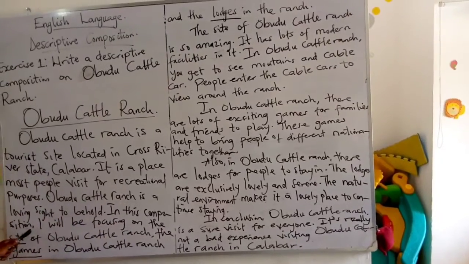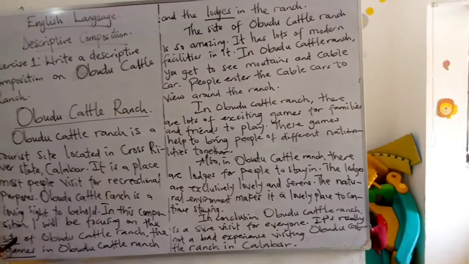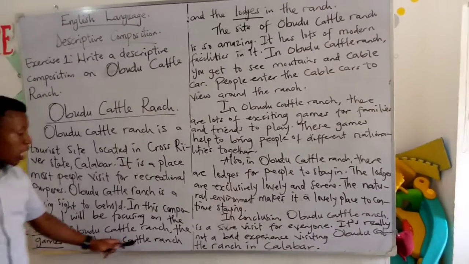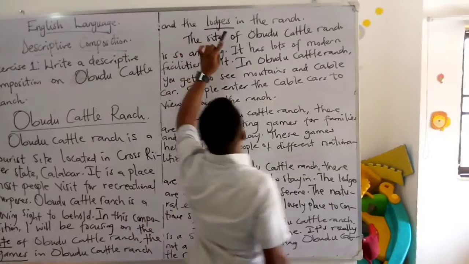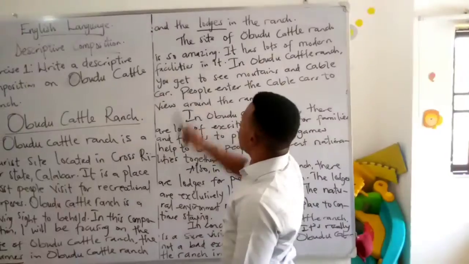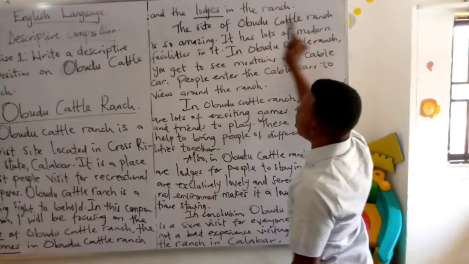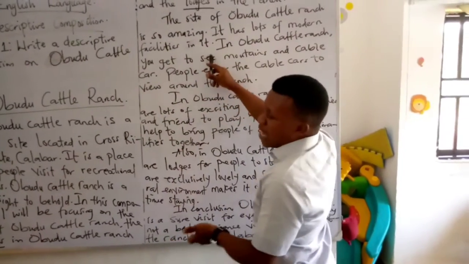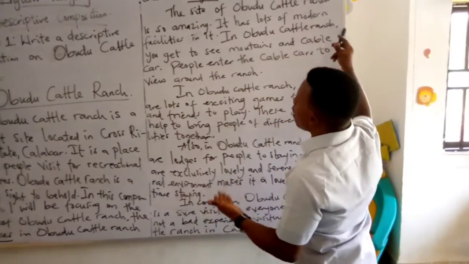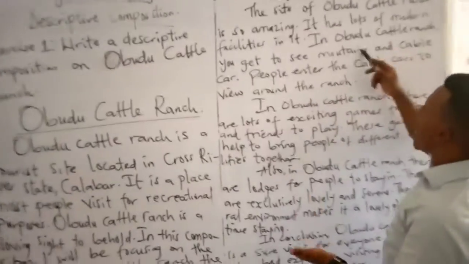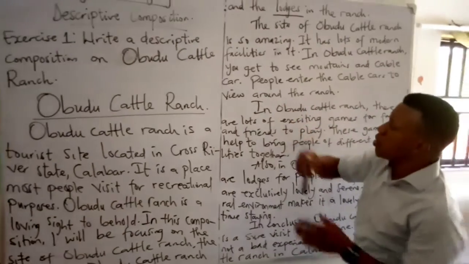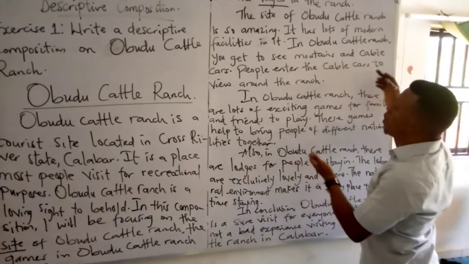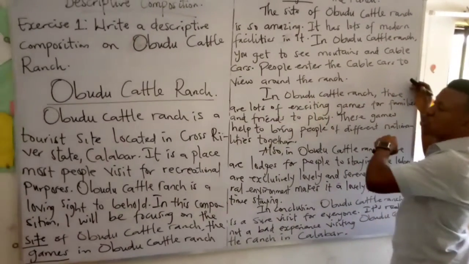In this composition, I will be focusing on the sites of Obudu Cattle Ranch, the games in Obudu Cattle Ranch, and the lodges in the ranch. The site of Obudu Cattle Ranch is so amazing. It has lots of modern facilities in it. In Obudu Cattle Ranch, you get to see mountains and cable cars. People enter the cable cars to view around the ranch.